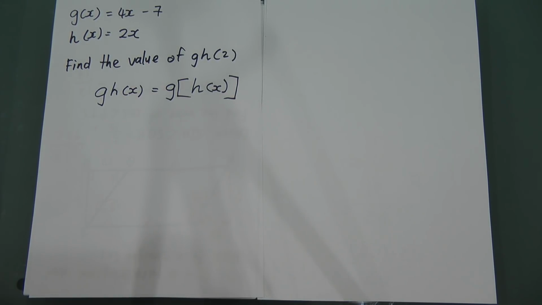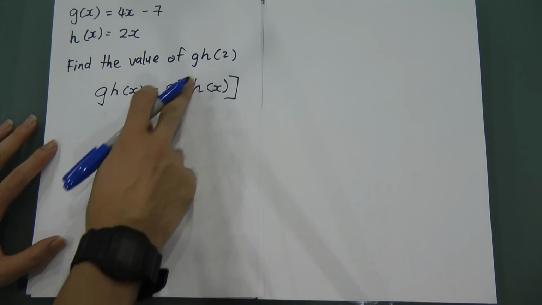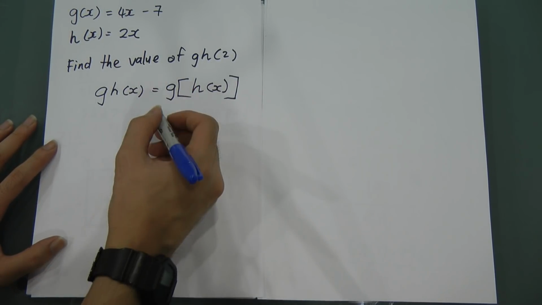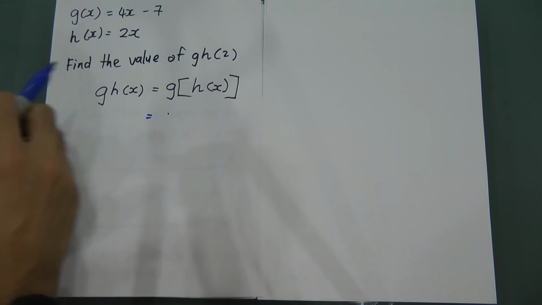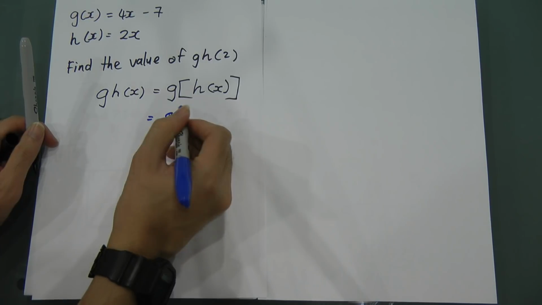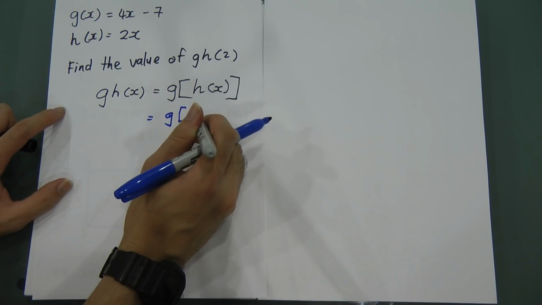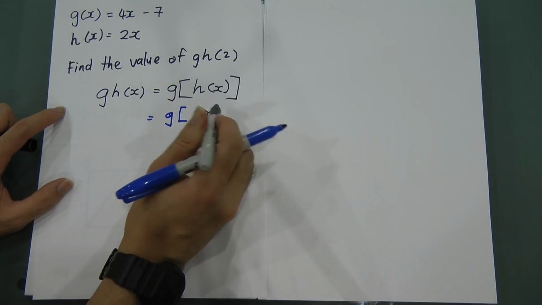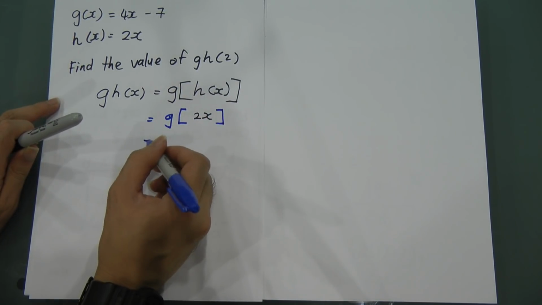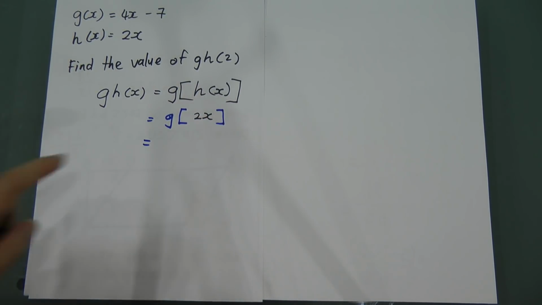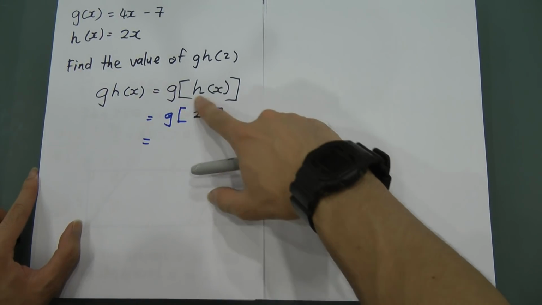Let me show you here. We put h into g, so we call this g of h(x). What is h(x) here? h(x) is 2x. So this is g(2x); imagine the 2x is the x.